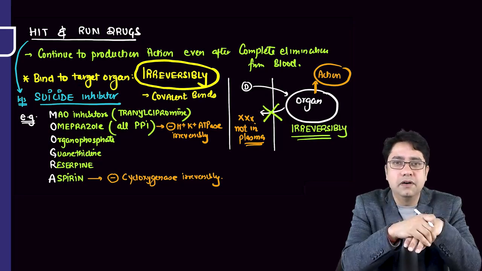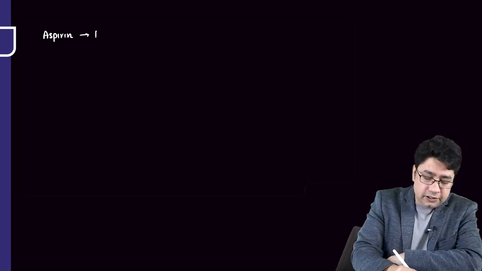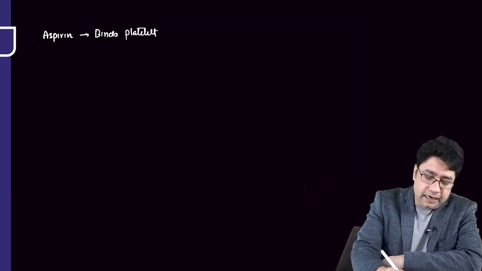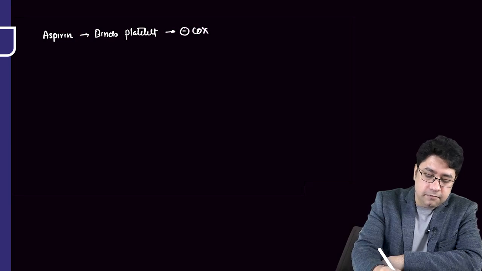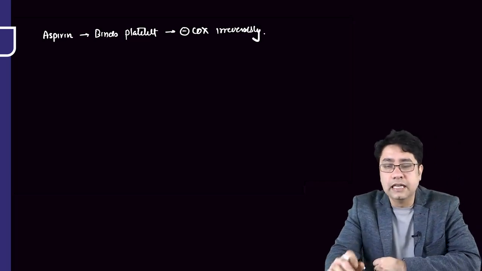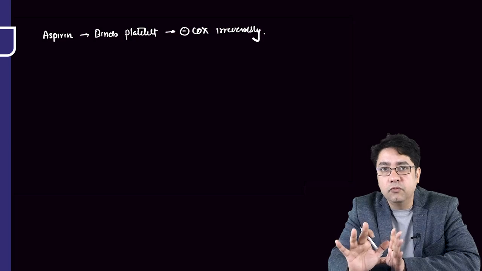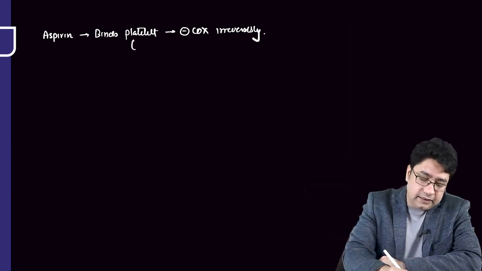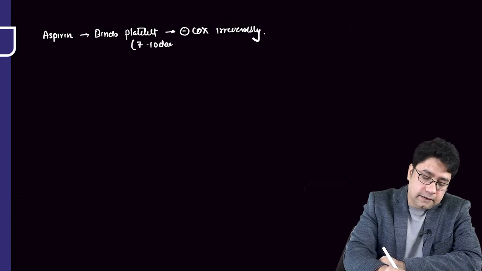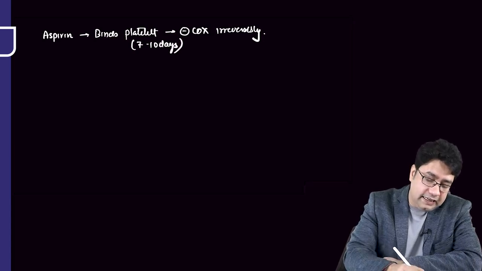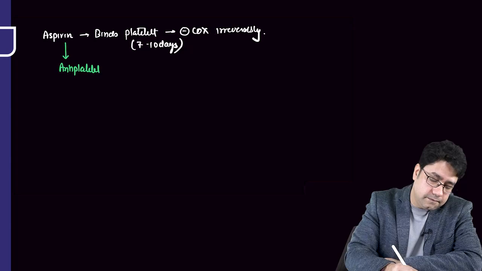The reason is very simple. Aspirin is an antiplatelet drug. Aspirin binds to platelets, and in platelets it inhibits COX enzyme irreversibly. Now these platelets cannot work. The life of the platelet is 7 to 10 days. So the effect of aspirin as an antiplatelet drug comes for 7 to 10 days.